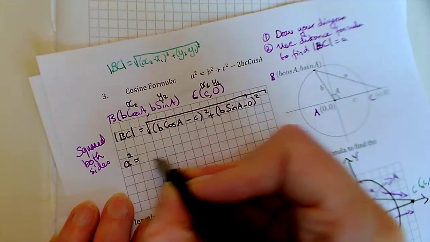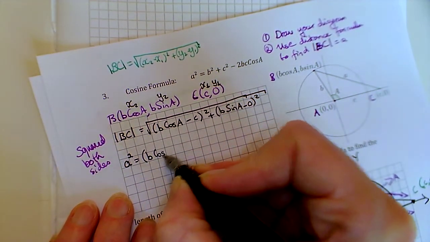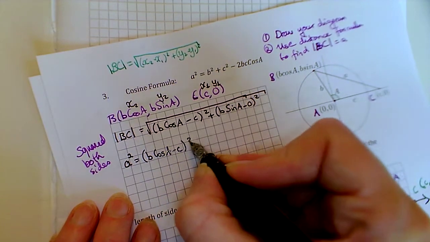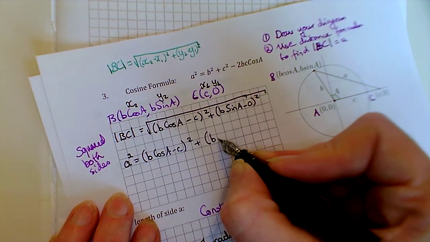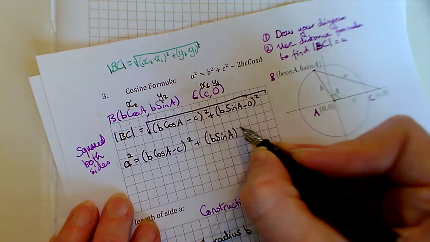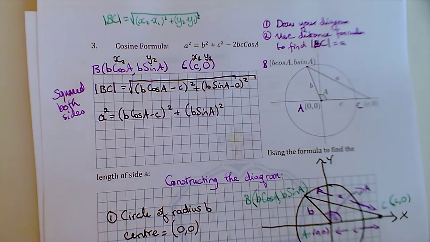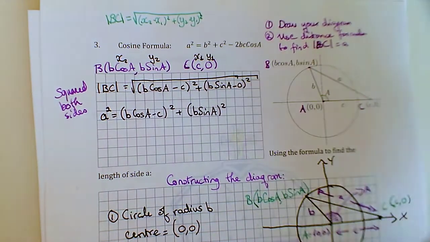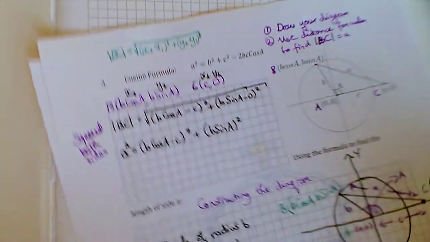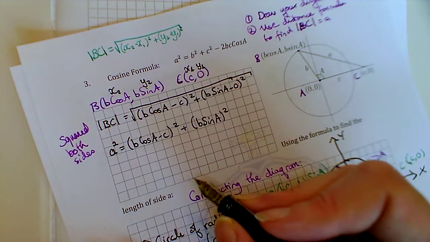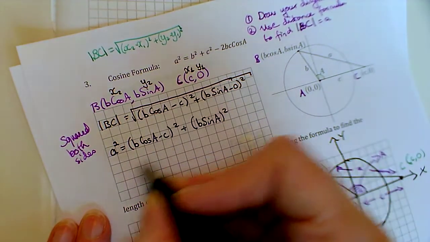So a squared is equal to B cos A minus C all squared plus B sine A all squared. Okay, where did the 0 go? Well, when I take away 0, nothing happens. So what happens next? I've got to square out these brackets.